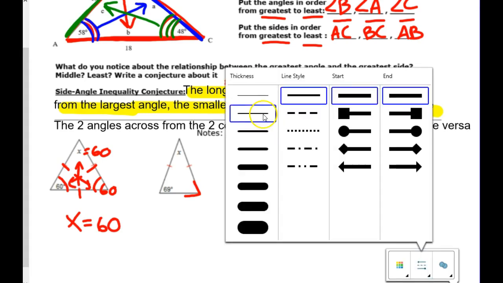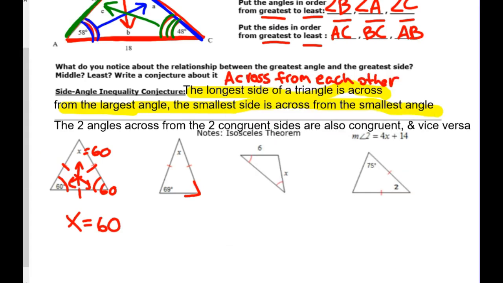However, hopefully you notice it's an isosceles triangle. So if across from this tick mark is 69, then across from this tick mark will also be 69, because that's the isosceles triangle theorem. That's what we know about the two congruent sides, is that the opposite two angles are also congruent.